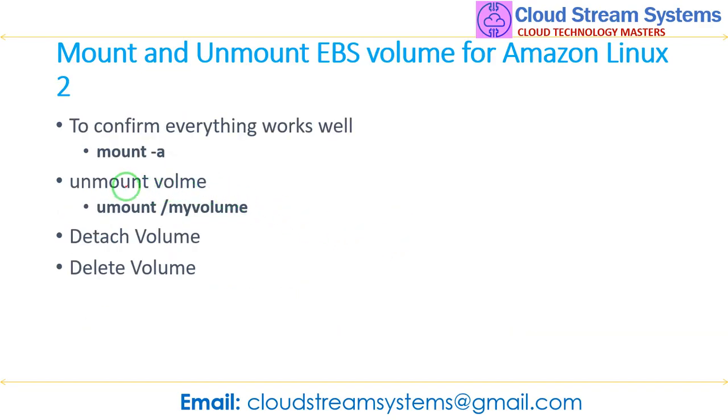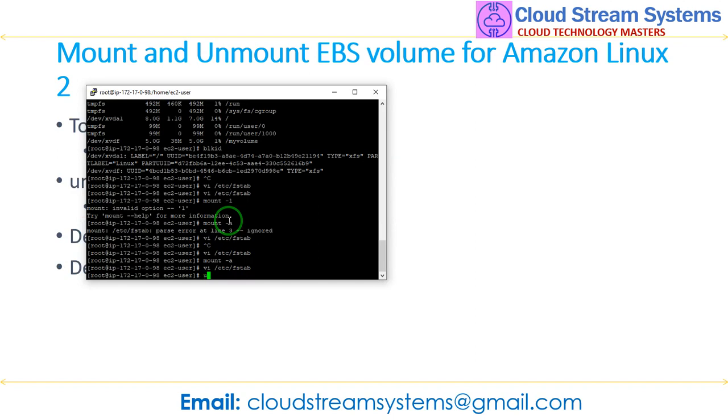As this is just a demo, once you are done with your work, it's better to unmount, detach and delete the additional volume to avoid unnecessary charges. So let me unmount the volume. In order to unmount, you will use the umount command: umount /myvolume.